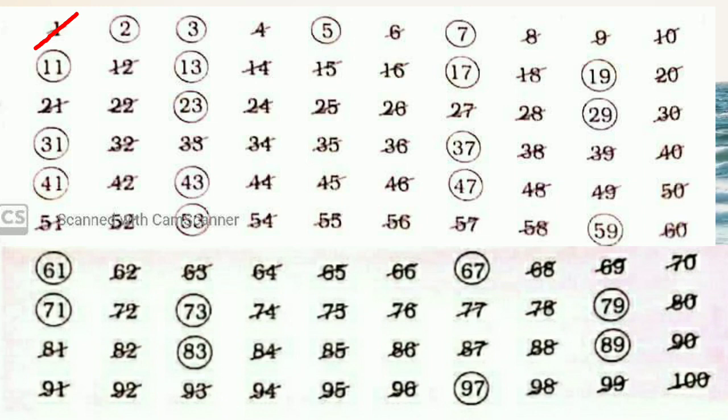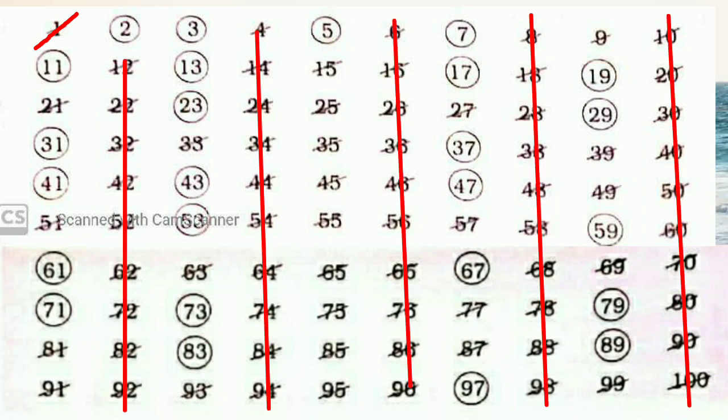These numbers would have 0, 2, 4, 6, 8 at the ones place. So I'll remove all the numbers which are divisible by 2. They are all composite, hence we'll remove these from our list. Now these are the numbers I am left with.